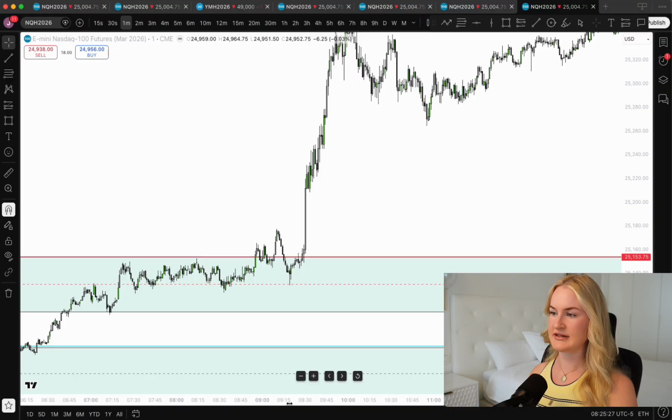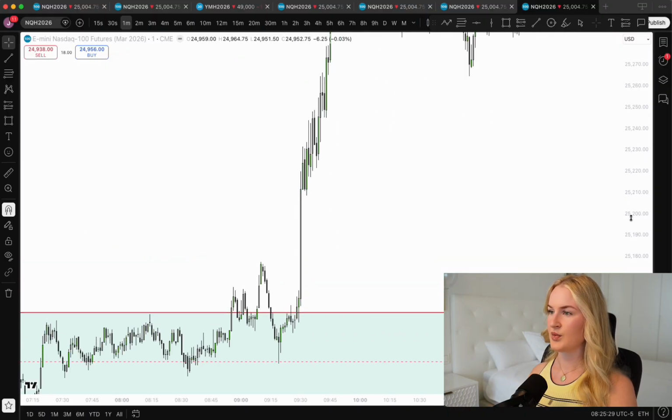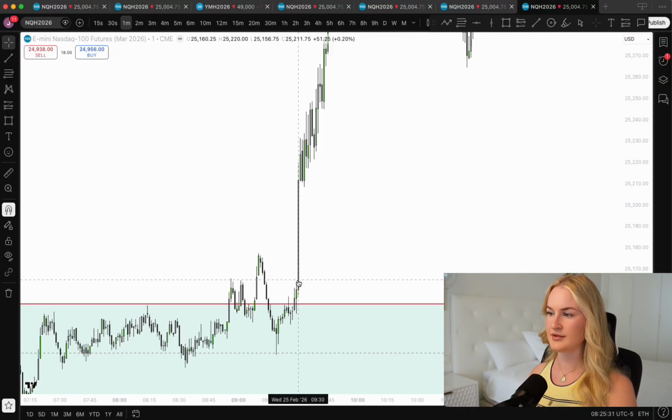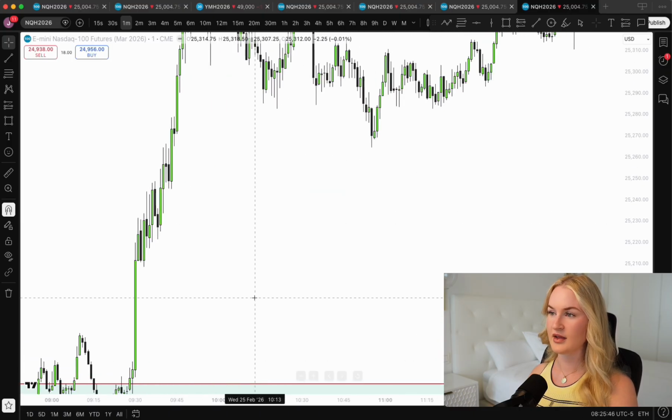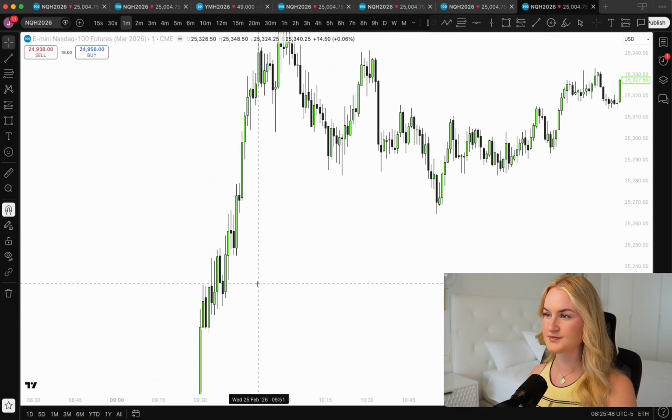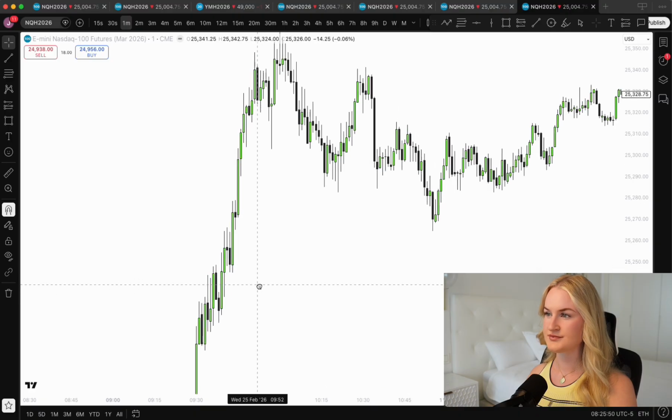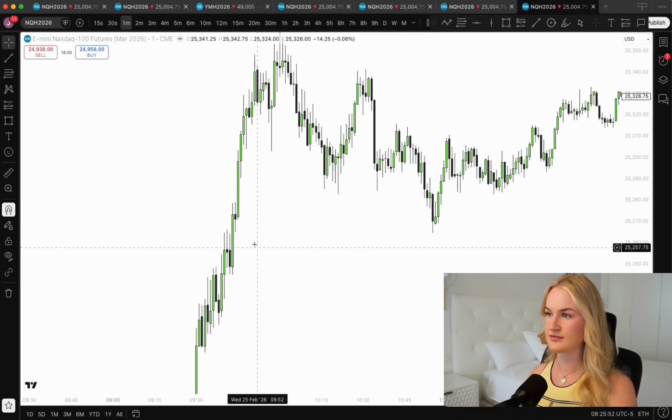As you can see right here, we open up at 9:30, and this is not the first presented fair value gap because the 9:29 candle is not there on the regular trading hours chart. So the first presented fair value gap here would be this one.